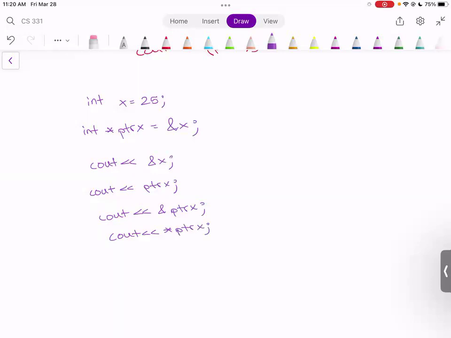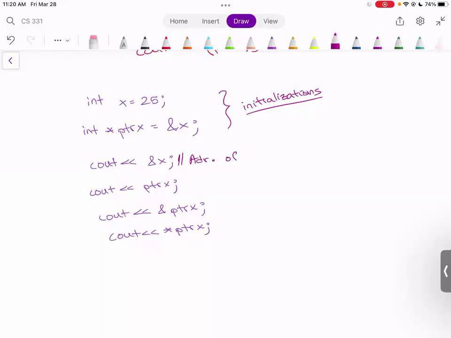Okay, so these two are just initializations. What about the other four? What comes out of &x? That would be the address. The address of what? Of x. Good.